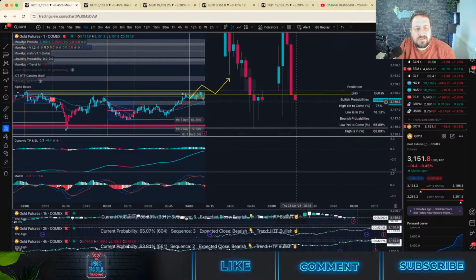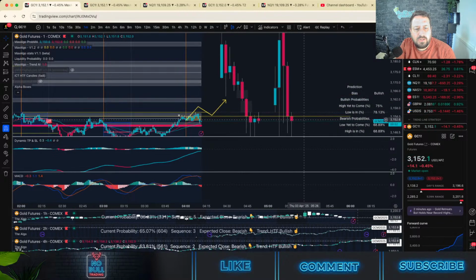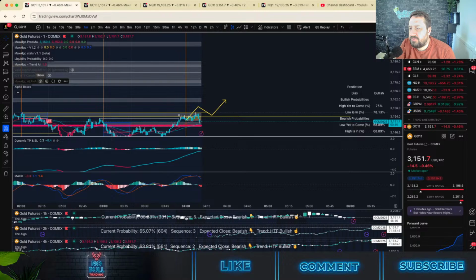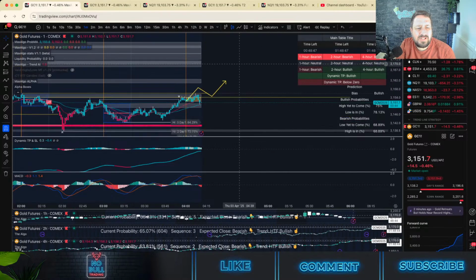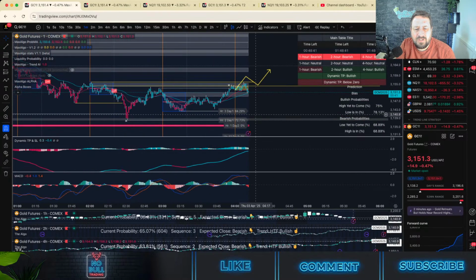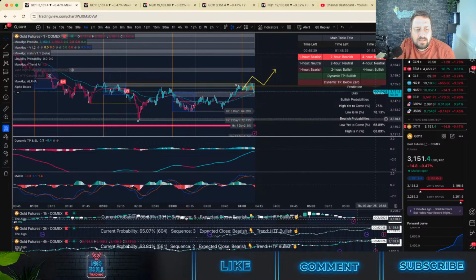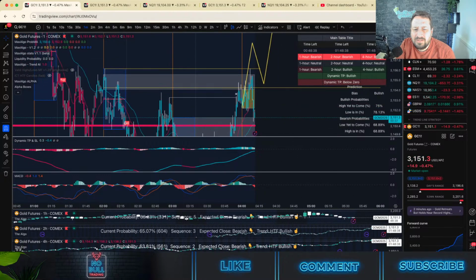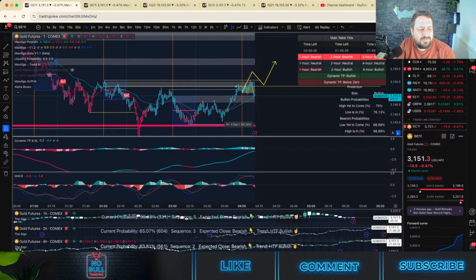It's just, is this 4 hour going to close as a tail bar and then give us that push up the next 4 hour? Let's have a look how long we've got left. Got 2 hours left on the 4 hour. We equaled the high.